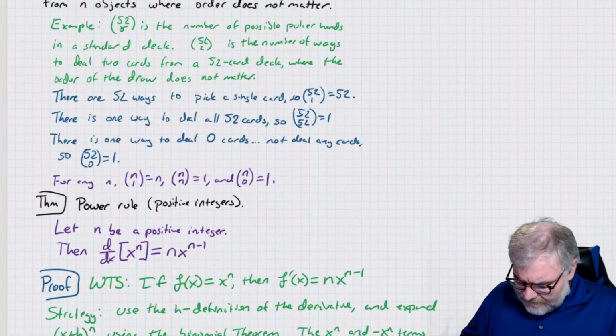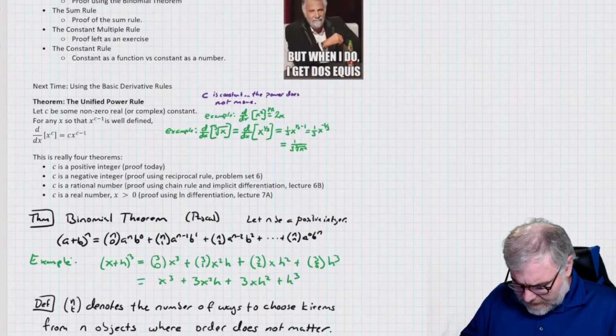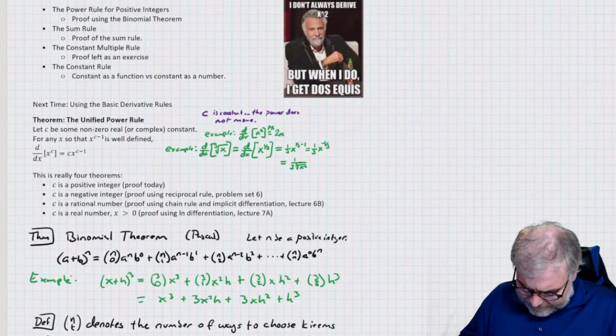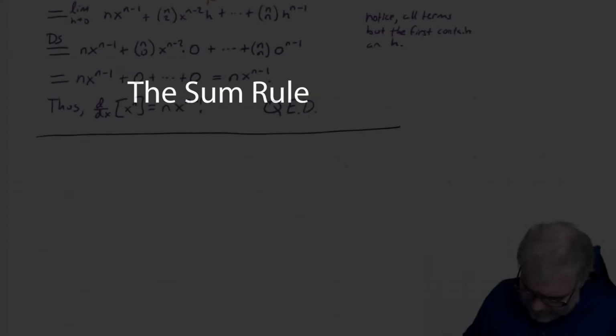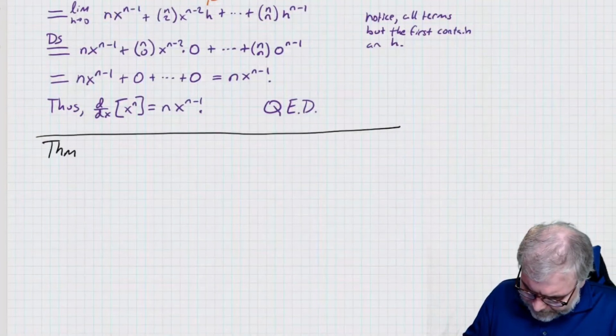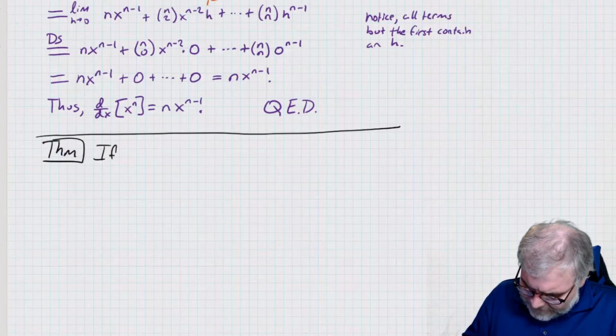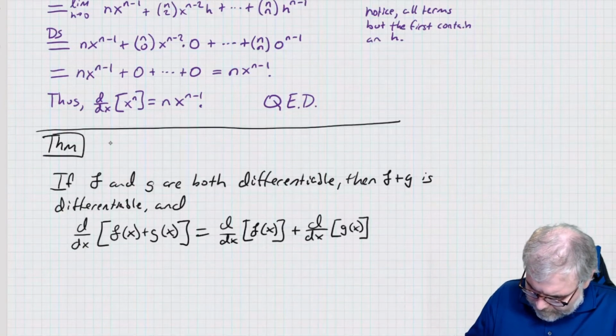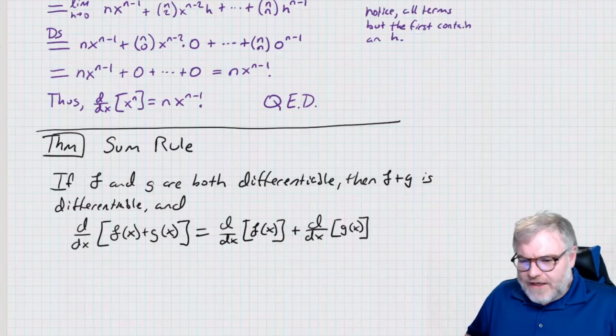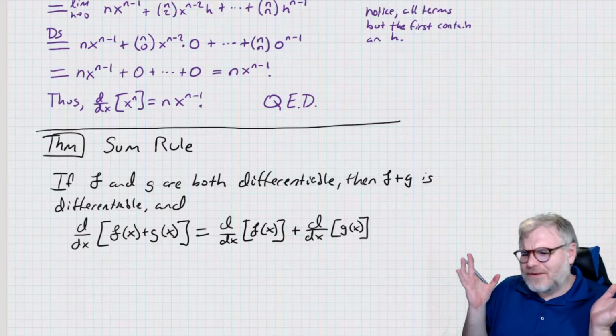So now we have the first piece that we need for our polynomials. There's the power rule. Now what we're going to do is the sum rule. Theorem: if f and g are differentiable. Notice that these are rules instead of laws. Who cares?